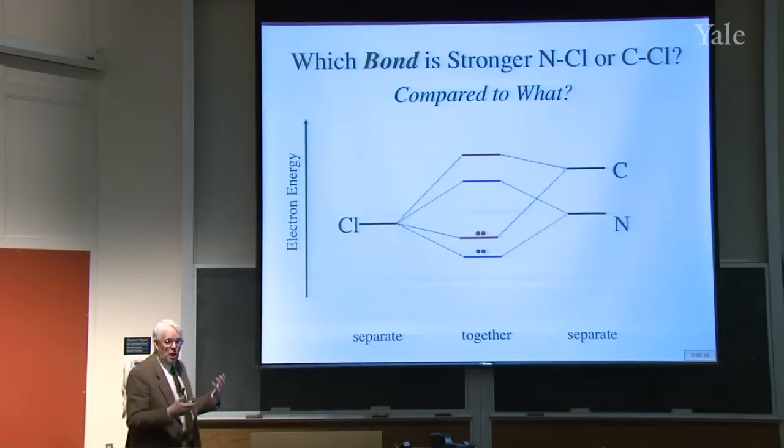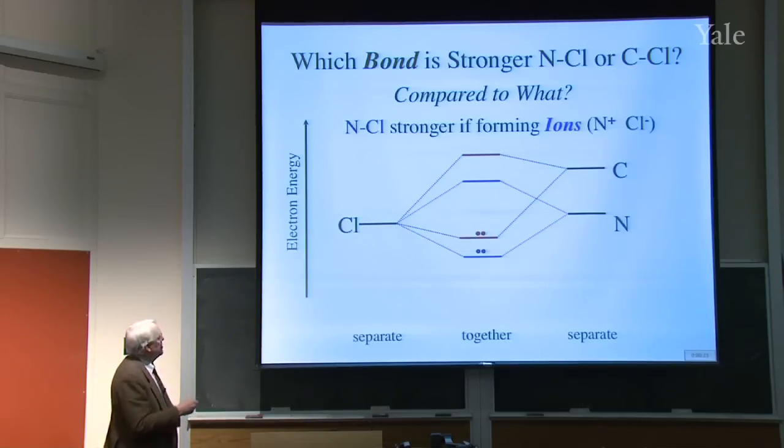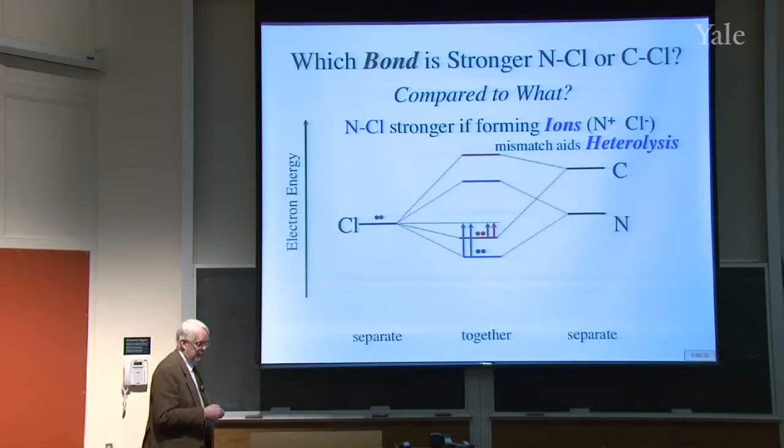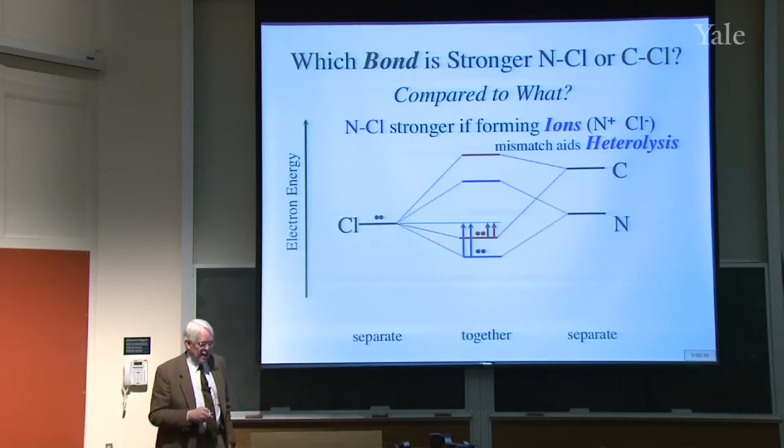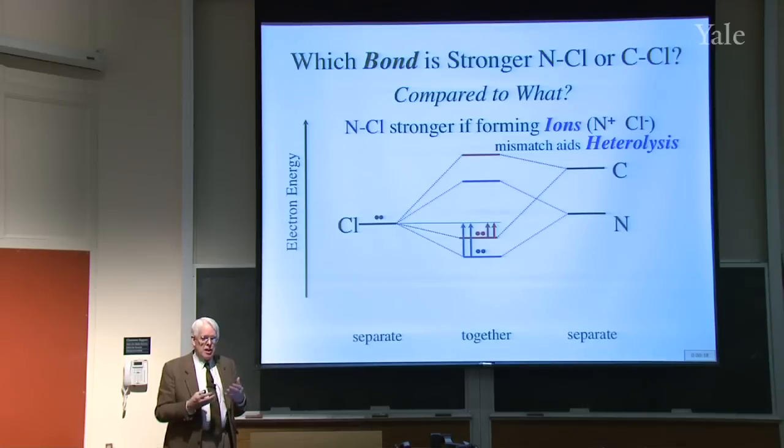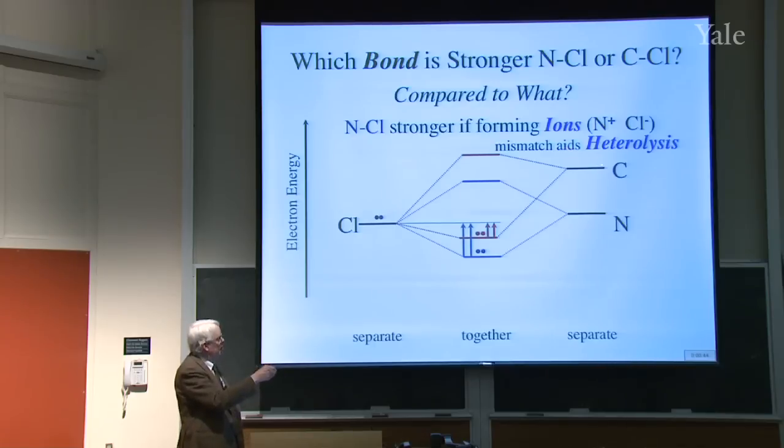And then if we're going to break the bond, if we're going to go to ions, like N plus or C plus and Cl minus, these electron pairs would have to go on to the chlorine. And they have to go farther when they're on the nitrogen. So that mismatch in energies aids breaking them heterolytically for the carbon case. Where the carbon is mismatched, you don't have to go up as much. So it's easier to ionize.